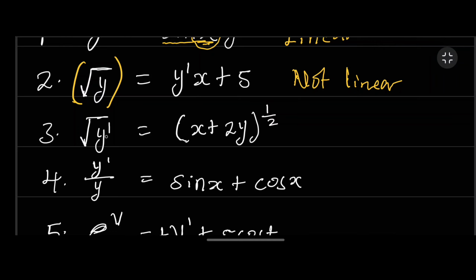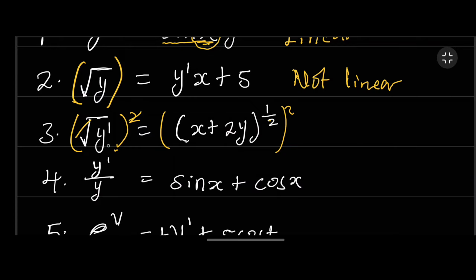Okay, let's check this one. Is this linear or not? Again, the same trick. Sometimes the equation can be written to look like it is non-linear, but it's still linear. So let's check for that. First of all, we see that this has a power that is not 1, and we are trying to see whether there is a way we can take it out, okay? If you square both sides, we'll end up having y prime is equal to x plus 2y raised to the power 1.